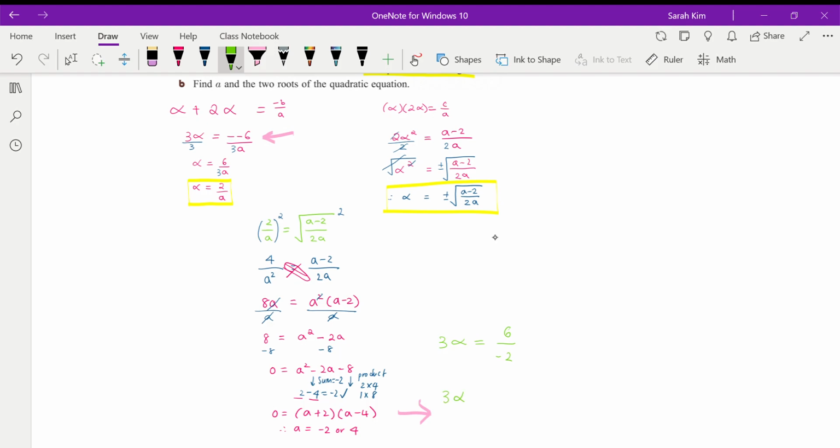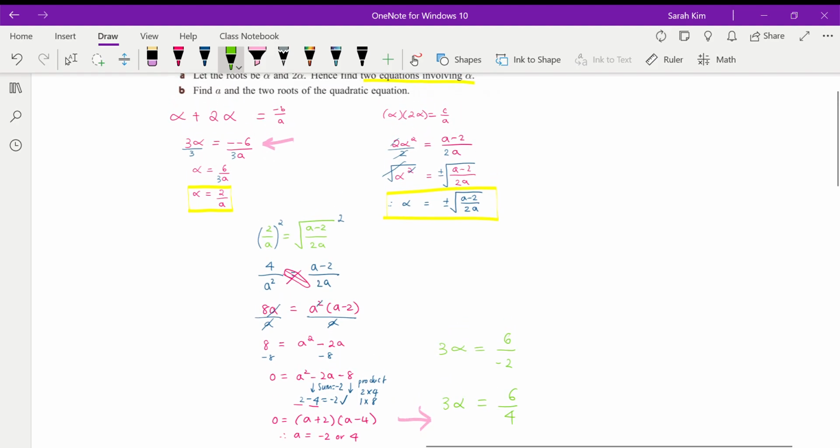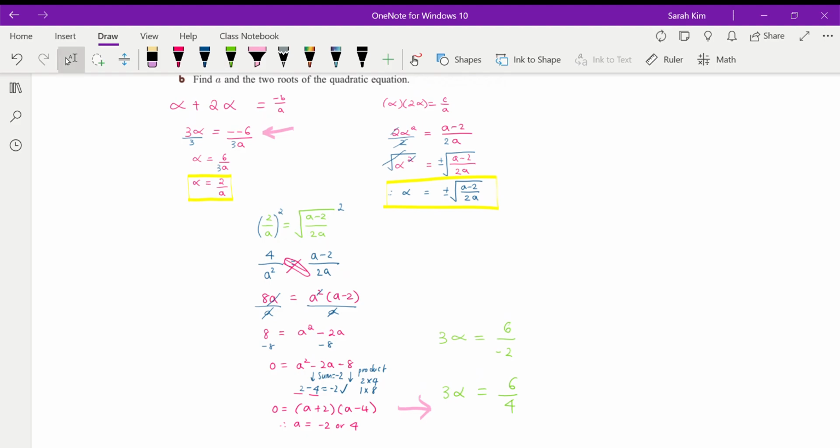It could be 3 alpha equals positive 6 divided by 4 as my other option. So I should be able to find the two roots of the quadratic equation.